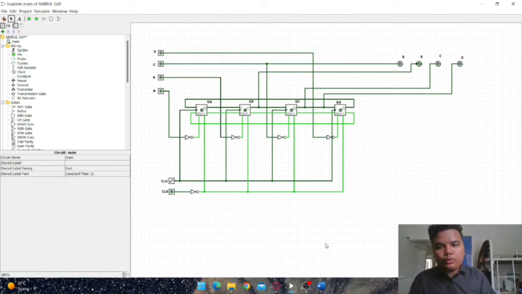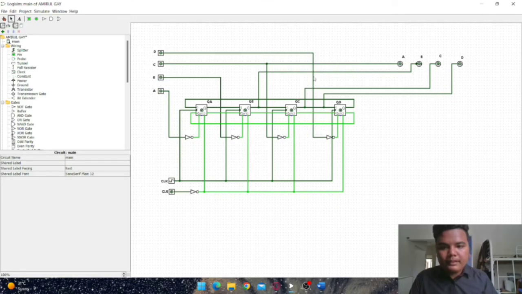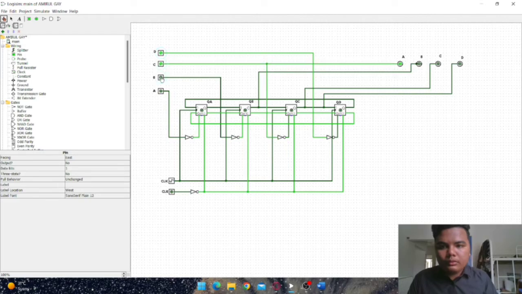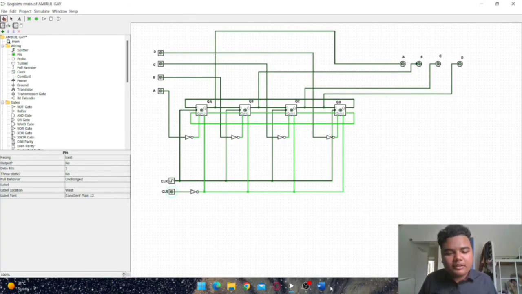First, we need to refer to the table. When A, B, C, D is 1, also 1, 1, 1, 1, the output will be 0, 0, 0, 0. Also, if the clear is 1, the output is 0 too. Let's try it first.